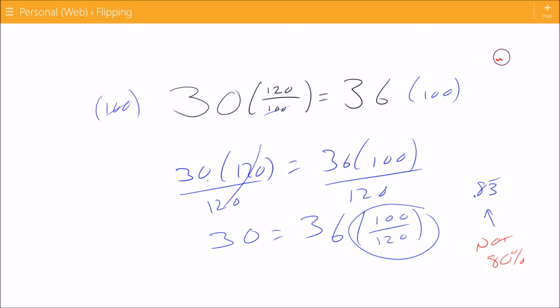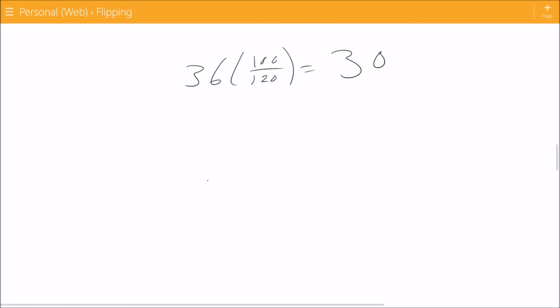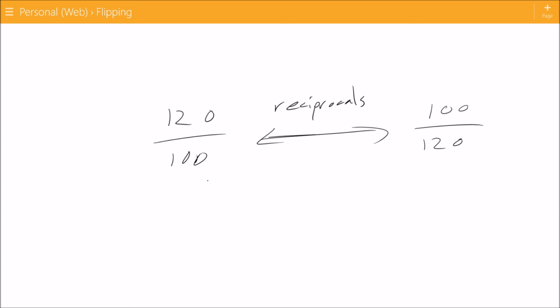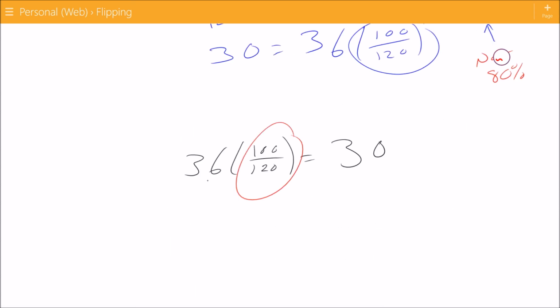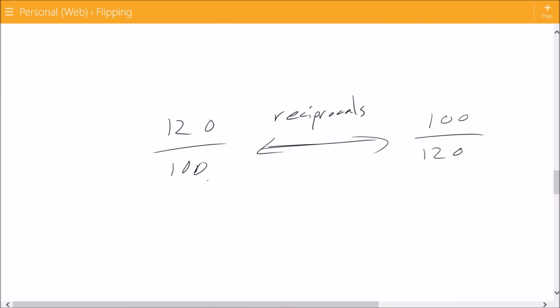So keep that in mind, and if you think about decimals and ratios and how they relate to each other, particularly with percentages, we'll see some neat connections. Actually, what we have down here, there's our thing we just discovered, the 120 over 100 and the 100 over 120, which we had here and here, they're reciprocals of each other, and they're not going to be equal to each other. 120 over 100 is 1.2. 100 over 120 we said was just 0.83 repeating.